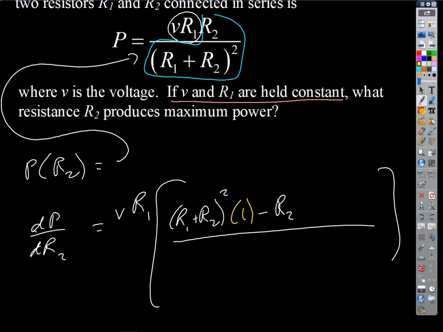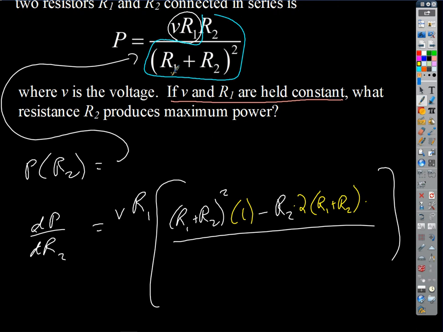Oh, yeah. Now we're differentiating the bottom. So the derivative of the bottom, we're going to have 2 layers. I've got the derivative of a squared is 2 times the thing, right? So the first step is going to be times 2 times (R1 plus R2) to the 1, times the derivative of the inside. The derivative of R1 is 0 because that's a constant.